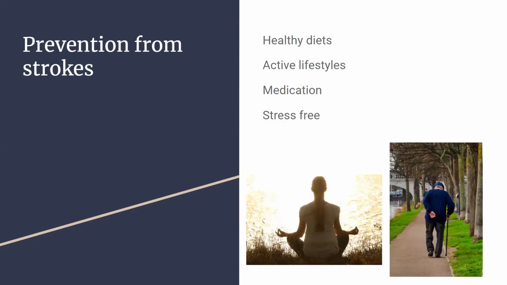What is one of the things that you can do to prevent strokes? The main prevention that you can do, or one of the things that you can do to prevent embolisms, is eating healthy.